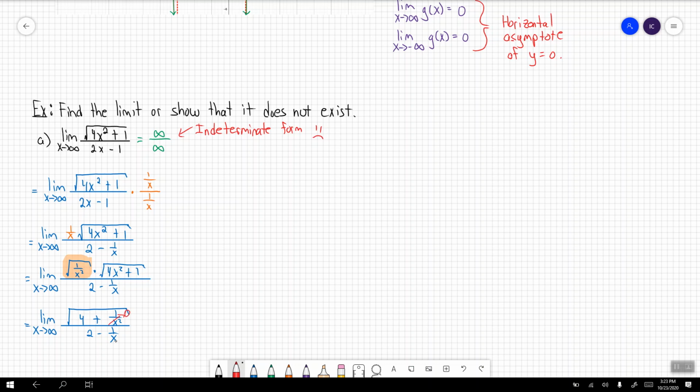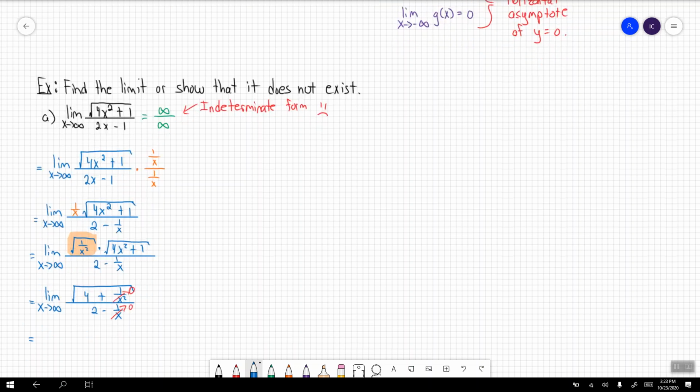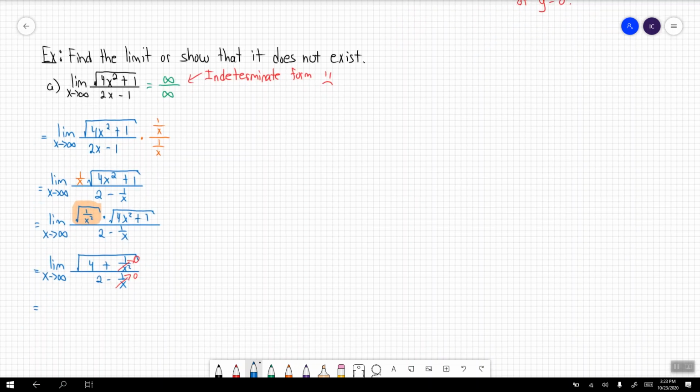The fraction 1 over x, as x gets very large, once again will start approaching 0. Therefore, the evaluation that takes place here is that as x goes towards infinity, we're left with the square root of 4 over 2, which turns out to be just 1. Awesome. And that's what we want to see.